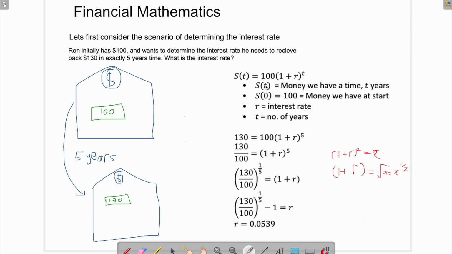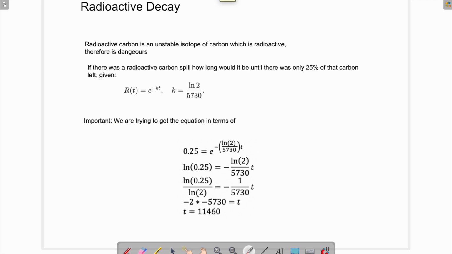Why do we say per year here? Because T is in terms of years. If it was in terms of months, it would be a different story. So we need an interest rate of 0.0539 per year in order to have exactly $130 in 5 years' time. Awesome. So that is this example done. Now let's go on to the radioactive decay example.